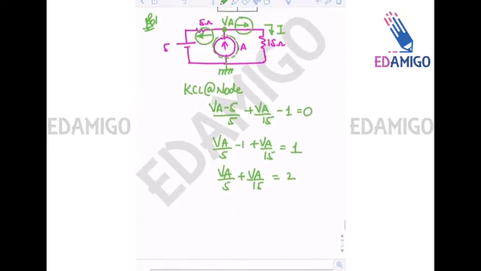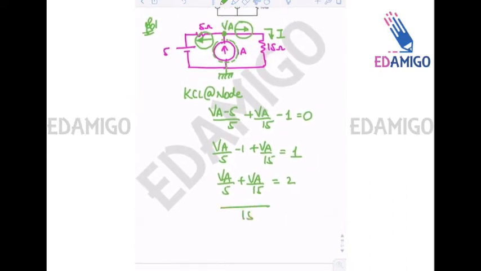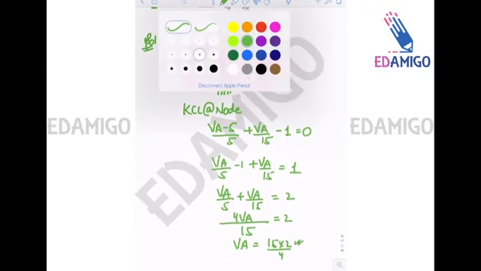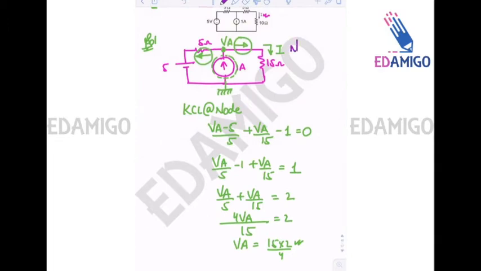Now let us take 15 as common. So we will get 4 VA is equal to 2, VA is equal to 15 into 2 divided by 4, and so we get the value of the VA voltage. Now I is equal to VA upon 15.